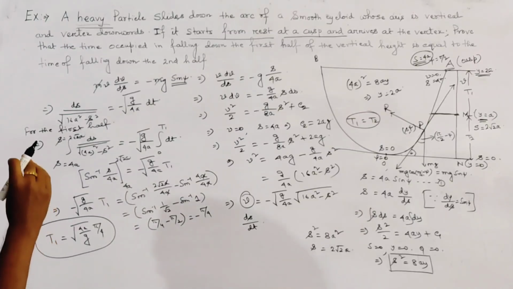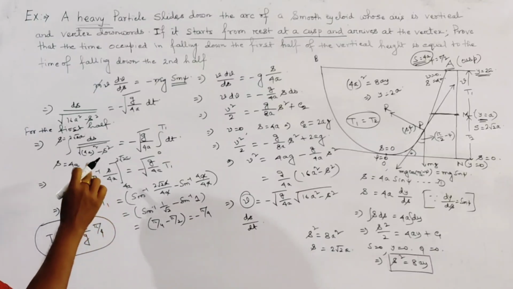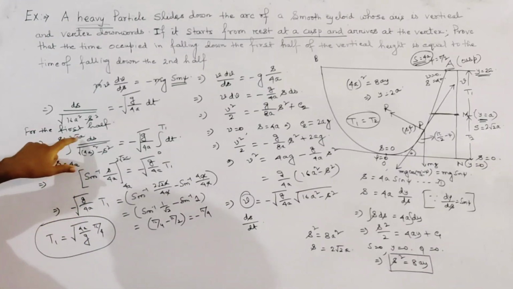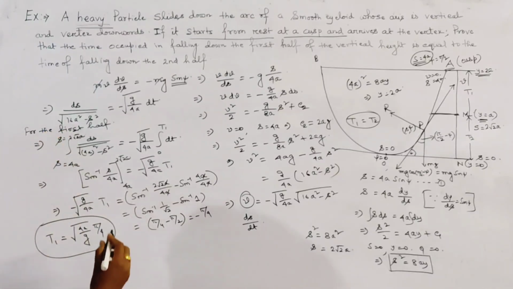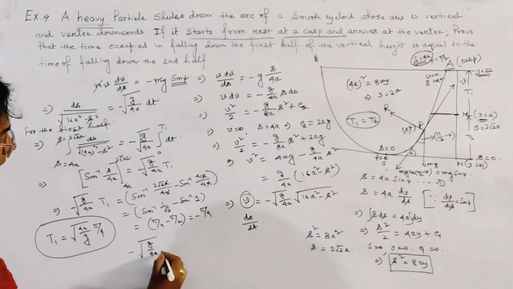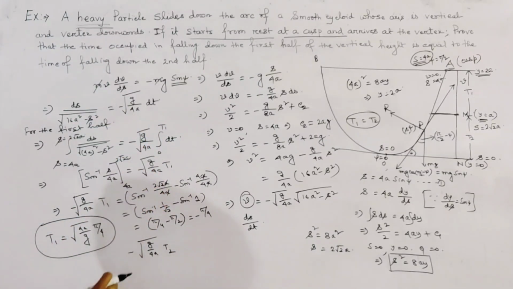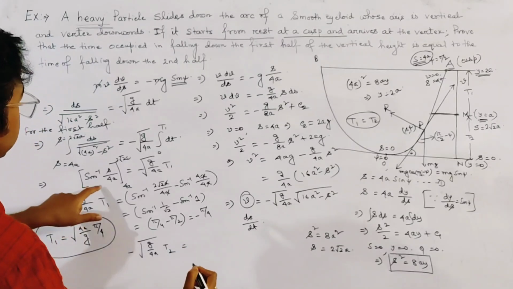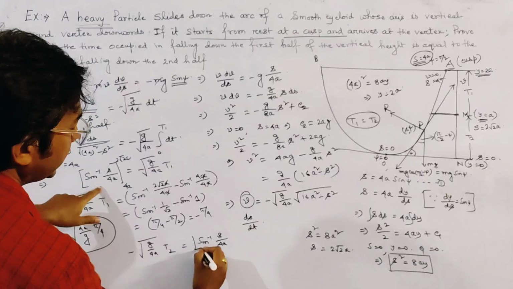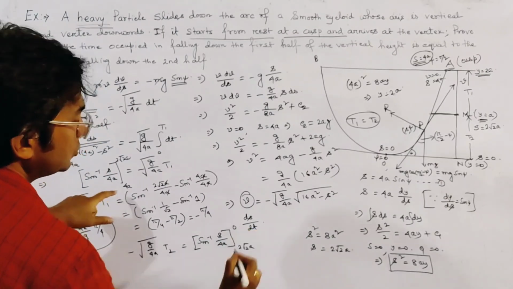Okay, and the time for the second half we get in a similar manner by changing the order of integration. The order of integration is 2 root 2a to 0. Okay, and we get the result as minus root g by 4a into t2. Here the range is 0 to t2, and this side is sine inverse s by 4a from 2 root 2a to 0.